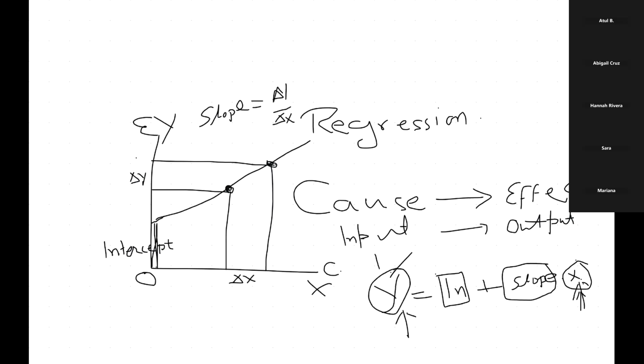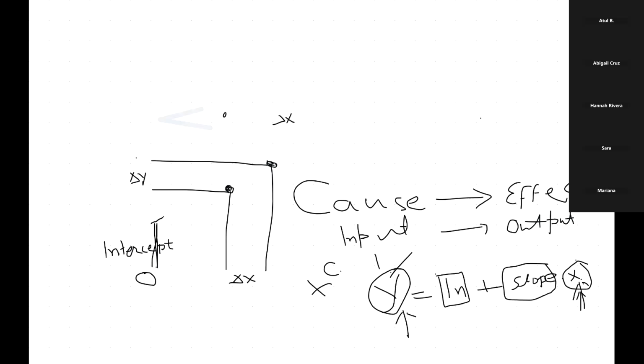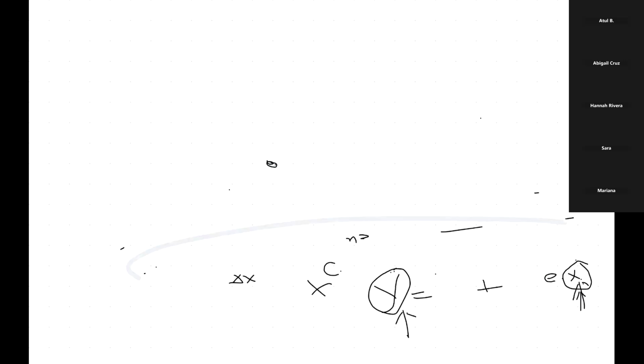Let's take a simple example: income and spending.